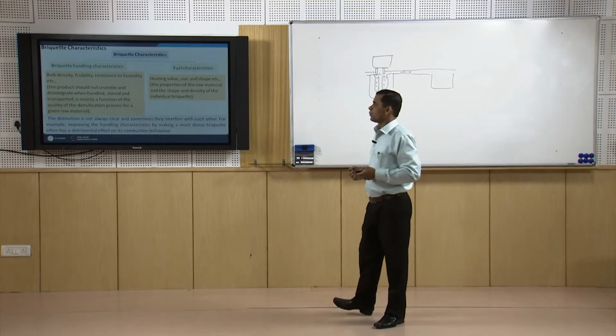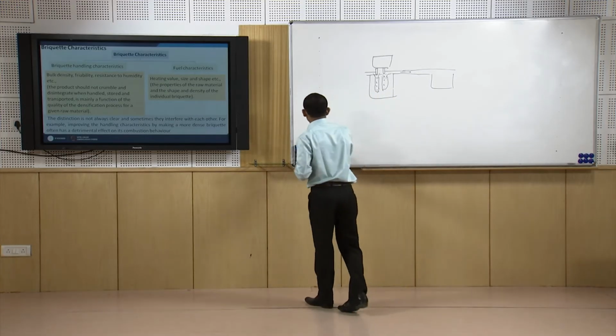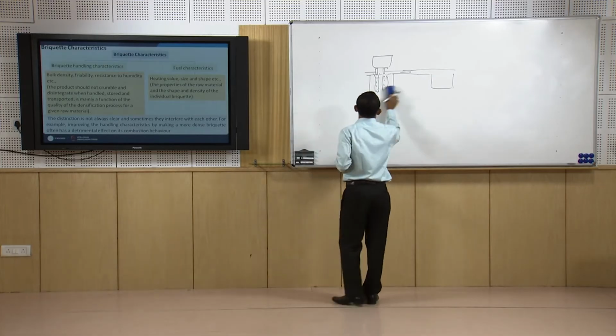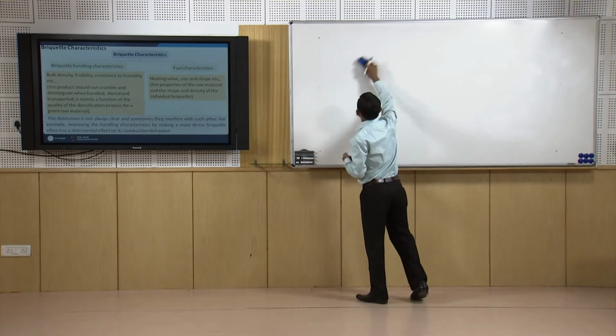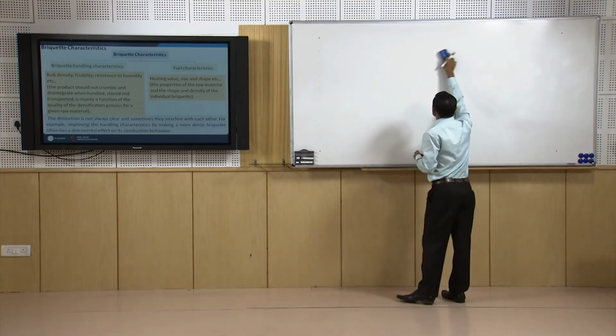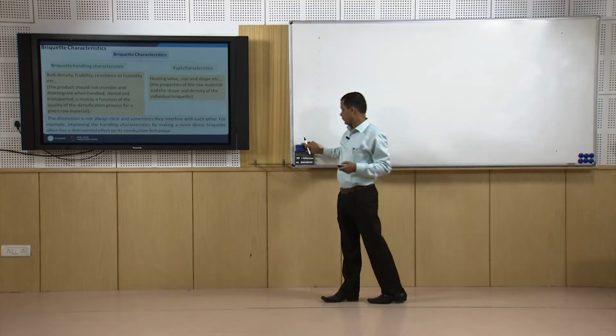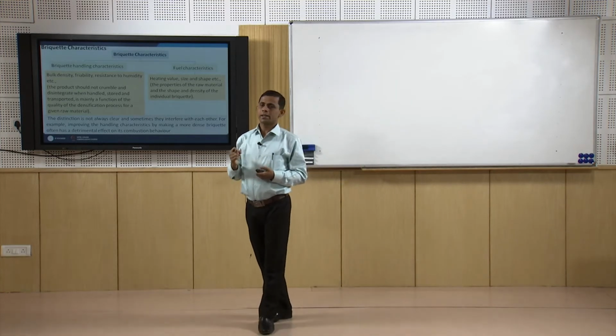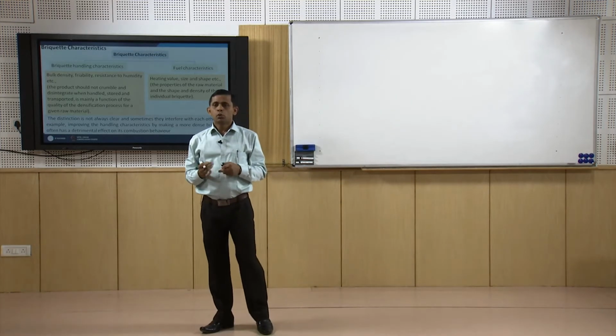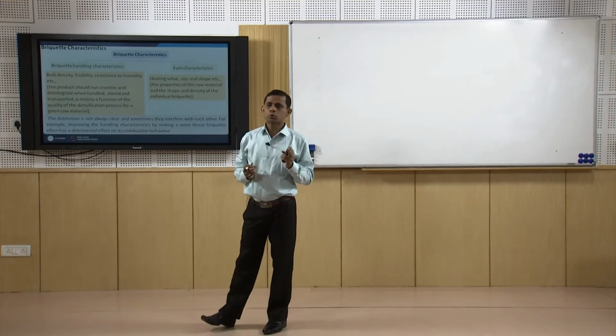Now, we will see the characteristics of briquettes. How can we define whether a briquette is of good or inferior quality? There are some characteristics on the basis of which we can assess the quality of briquettes, and they can be grouped into two categories.